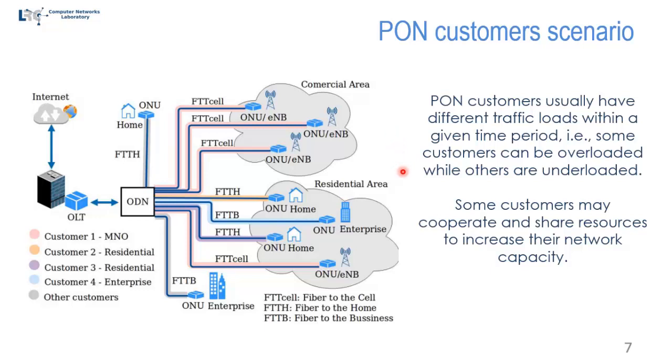For example, mobile network operators, customer 1 in this image, have high traffic demands in commercial areas during the day and low traffic demands during the evening and night. Moreover, residential subscribers, customers 2 and 3 in this image, have low traffic demands during the day and high traffic demands during the evening. Thus, mobile network operators and residential customers may cooperate and share resources to increase their capacity.